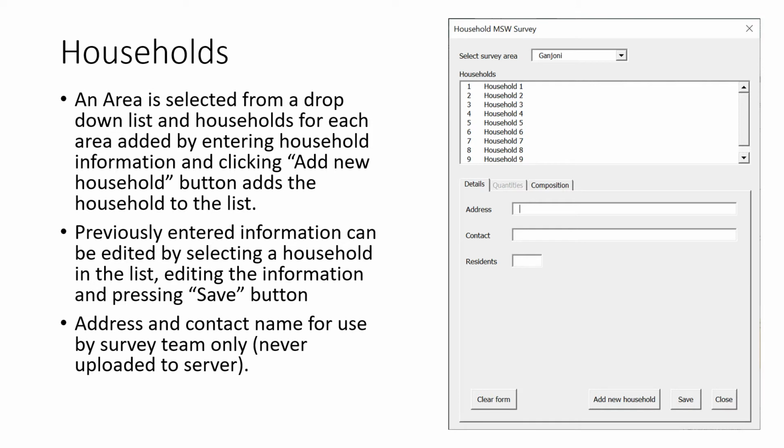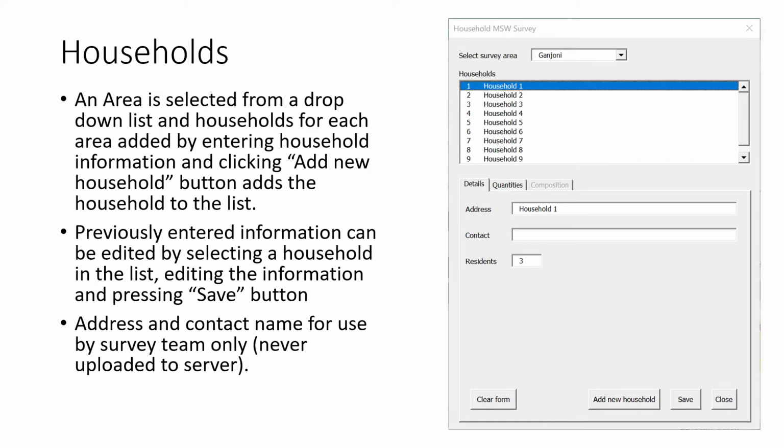Your form will then look like this. Again, household details can be edited by selecting a household, editing the data, and clicking the Save button. Repeat this for each survey area, and next we enter the quantities of waste generated by each household. We select a household and we click the Quantities tab.